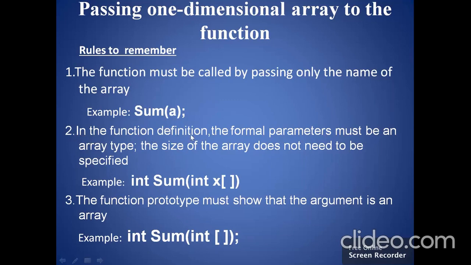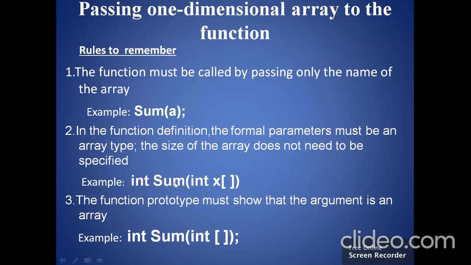In the function definition, the formal parameter must be of array type. The size of the array does not need to be specified. Consider the example: int sum(int x[]). Here, this int represents the data type of the value this function will return to the calling function.